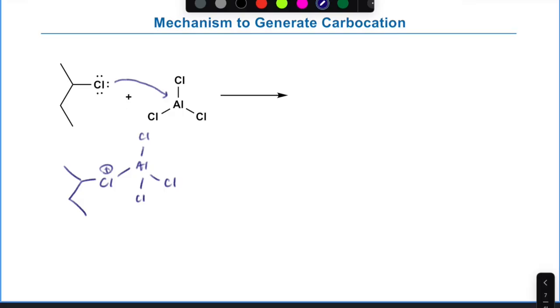And then we're going to move the single bond from this chloronium atom and generate a carbocation and this aluminum species. And then this is our electrophile.